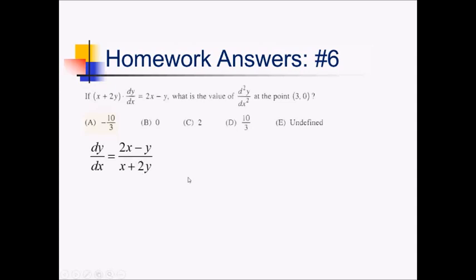Now we need to take the second derivative of this thing, the derivative of the derivative. So for that, I'm going to need a quotient rule. So let me go ahead and use my box and ribbon. And I've got my numerator of 2x minus y, denominator of x plus 2y. And now their derivatives. For this one, I've got 2 minus the derivative of y, which since I've got a y in here and this is dy over dx, that means I have to implicitly differentiate when I'm using a derivative of a y.